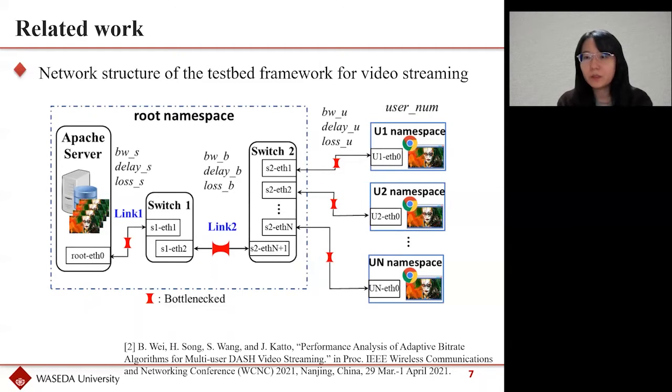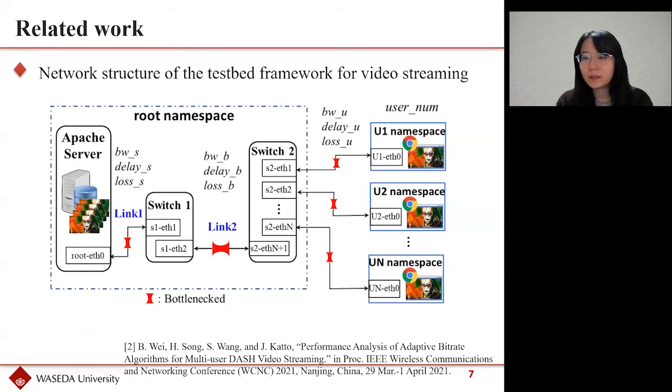Besides the above research, a test-bed framework is constructed, which enables the evaluation of DASH VOD streaming transmission over diverse network structures in multi-user scenarios. The constructed network in this study is shown in this figure. The dumbbell topology is employed, and the Apache HTTP server is used as the content server in the root namespace.